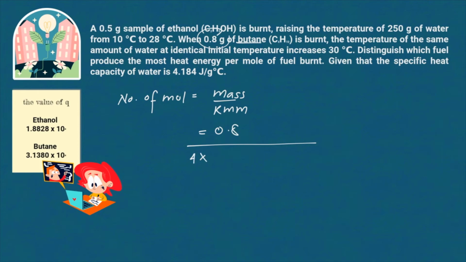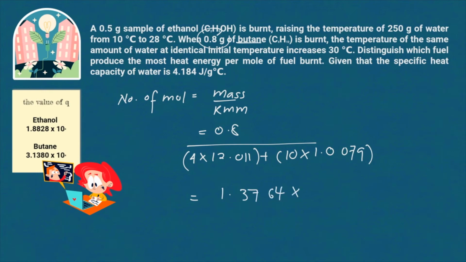So 4 times 12.011 plus you have 10 hydrogen, so 10 times 1.0079. So you should get the number of mole for butane is equivalent to 1.3764 times 10 to the power of -2.